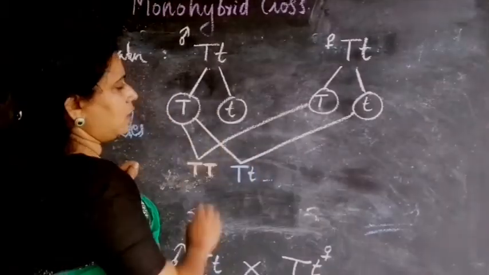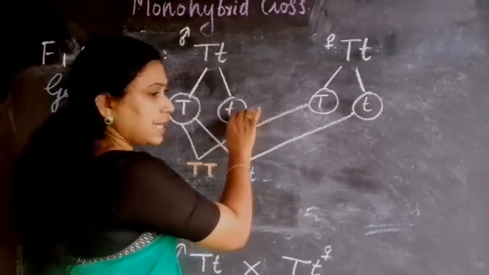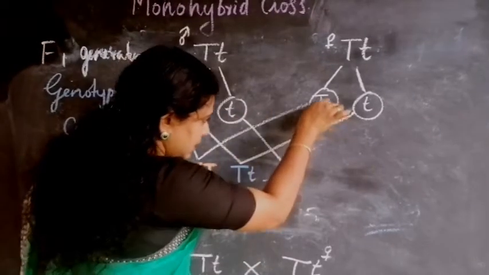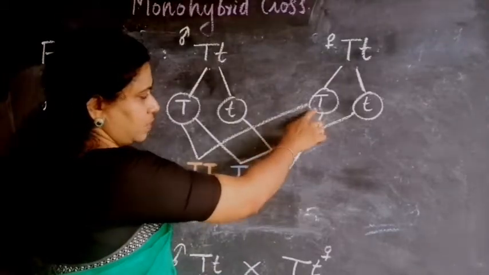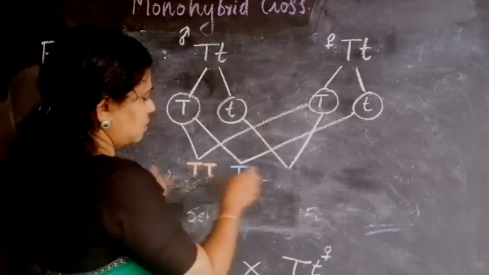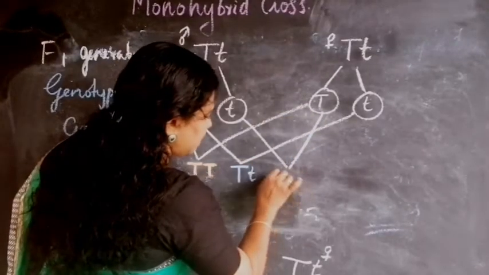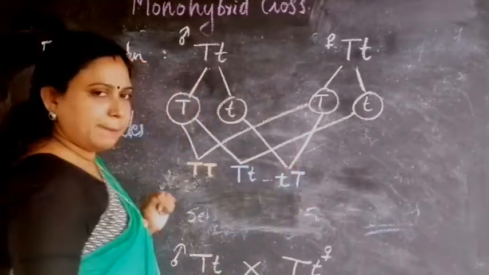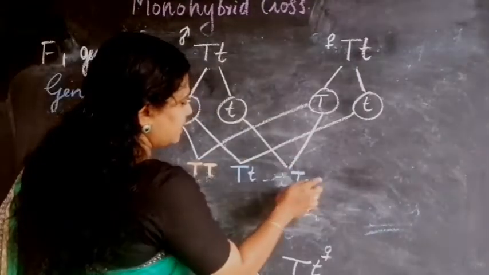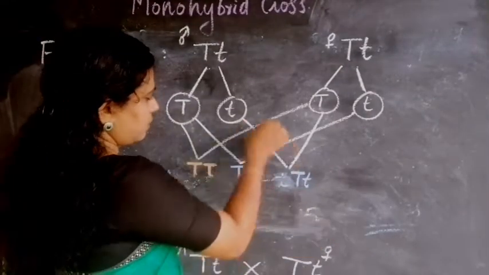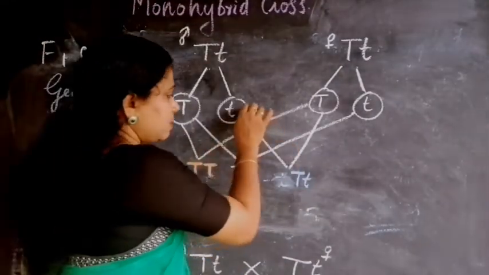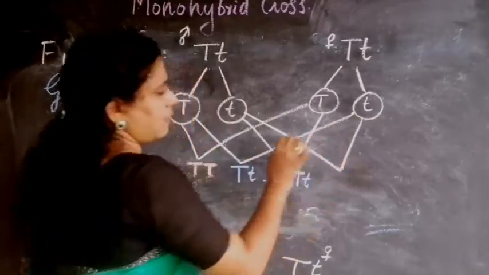The next possible fusion: this gamete can fuse with this gamete. So what is possible? Capital T, small t, which we can write as capital T, small t. Now, the next one: this gamete may also fuse with this gamete.